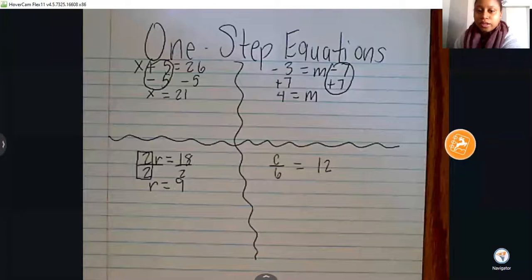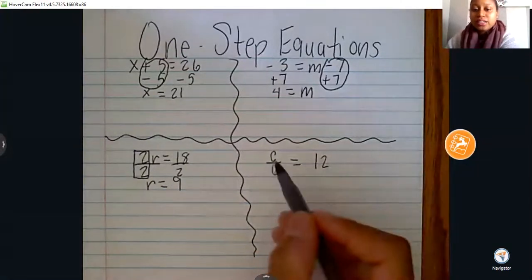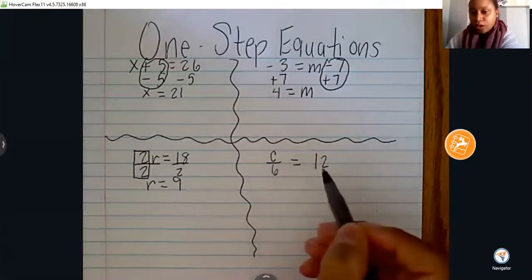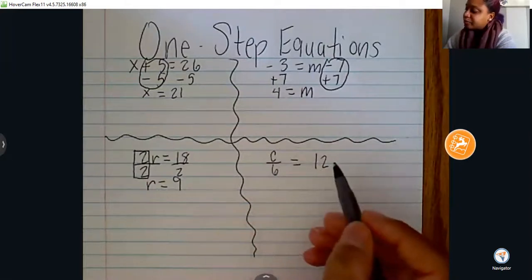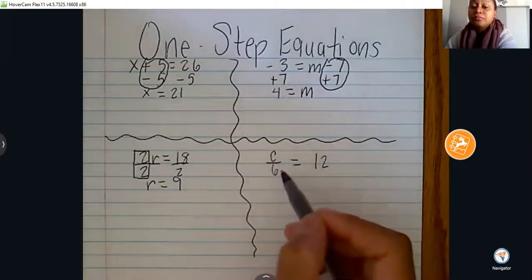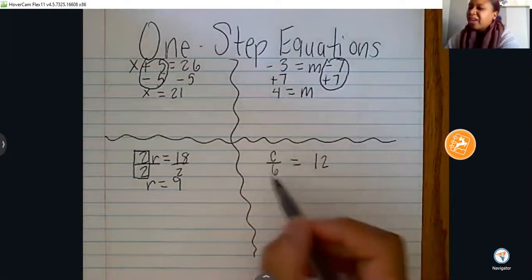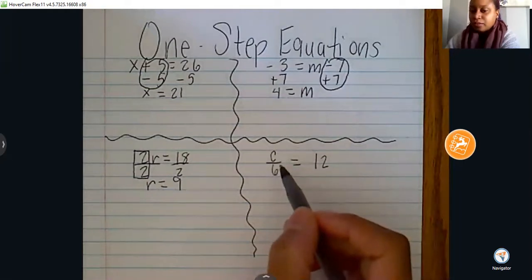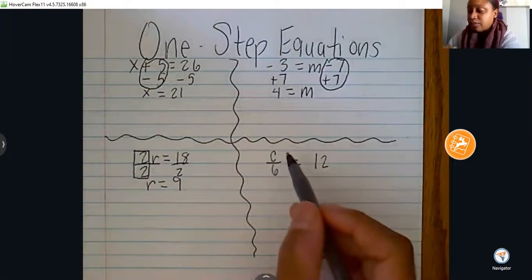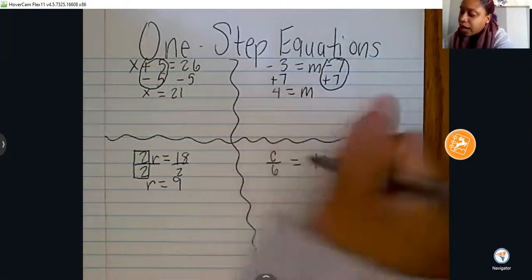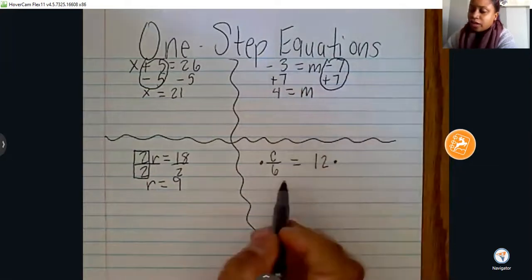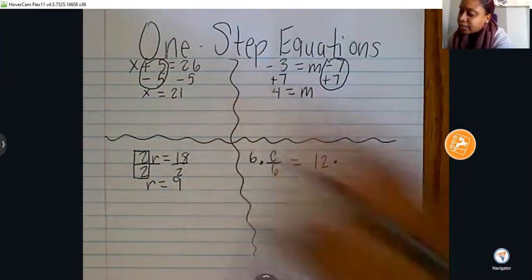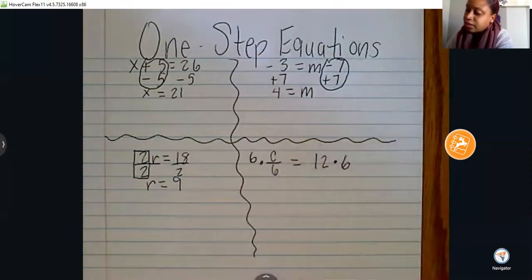All right, last one. We got division. We got c divided by 6 equals 12. So what we need to see here is this is a division problem, so the inverse operation of division would be multiplication. We want to get rid of the number that's dividing c, so we'd multiply by 6 on both sides.